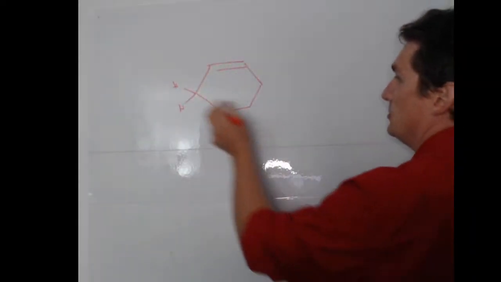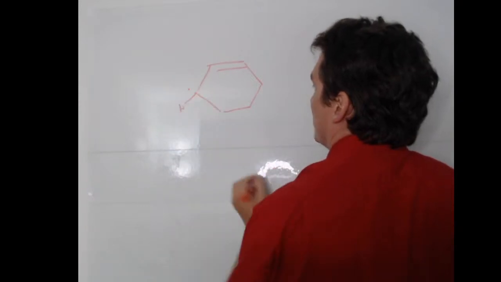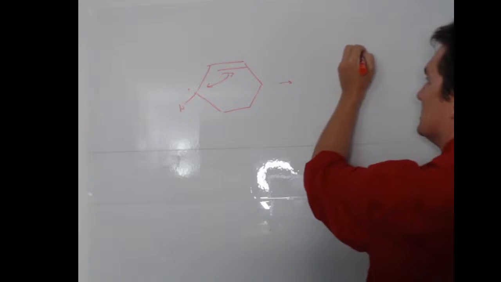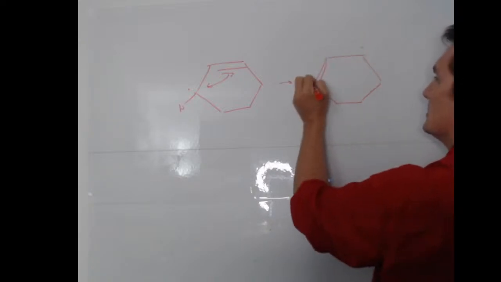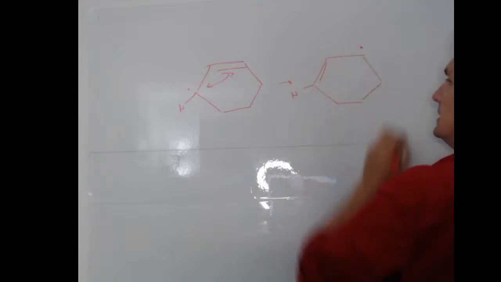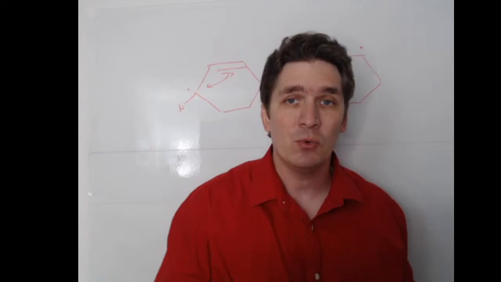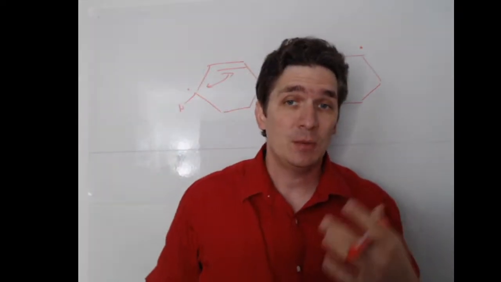So let's say we go through a free radical mechanism. If we get rid of these hydrogens and we make it a radical, we can actually resonate that bond and get this structure. Because we have two resonance structures here, that's inherently more stable than just a radical by itself.